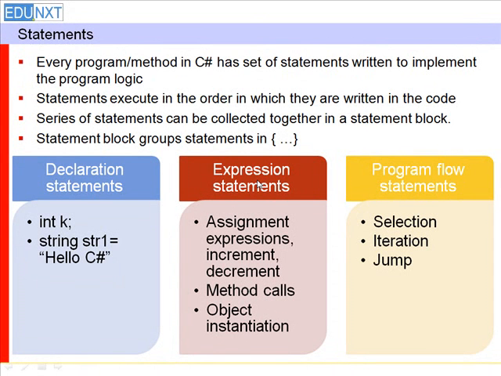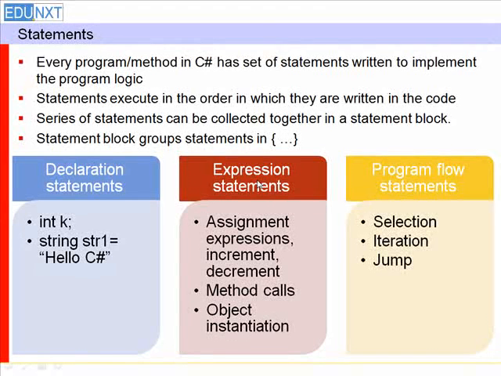So this is a typical expression statement. Even increment statements and decrement statements, such as if you have a variable i, then i++ or j++ or j--, these are also expression statements. Then even method calls. So whenever we call methods on a specific object, then these are also expression statements. Object instantiation are also expression statements.